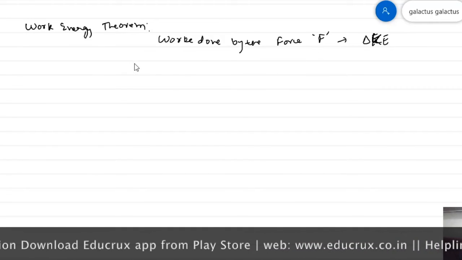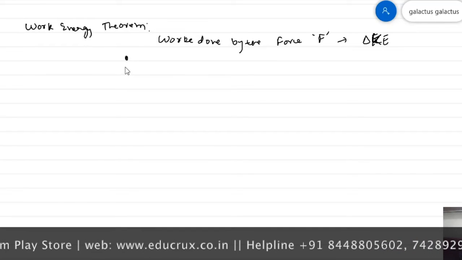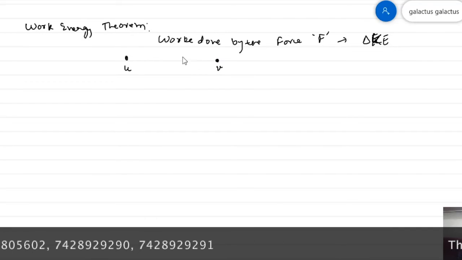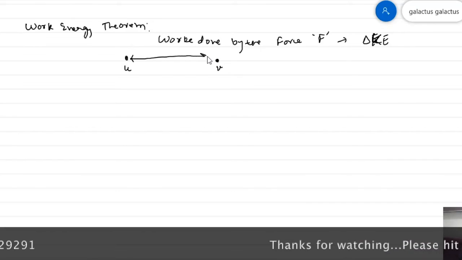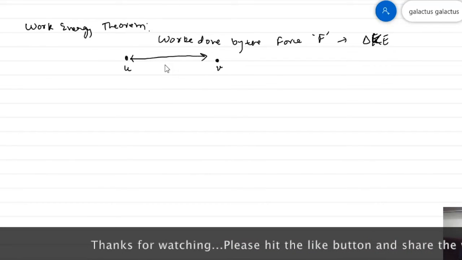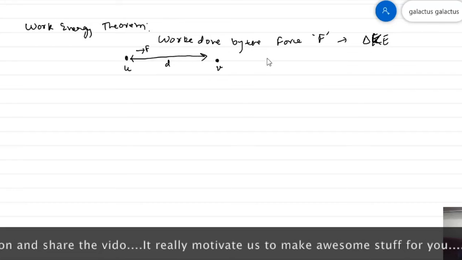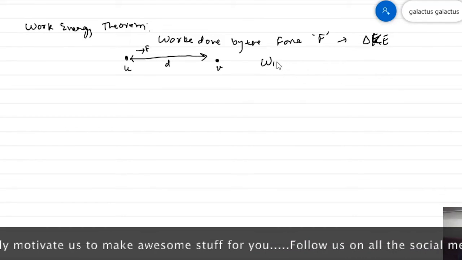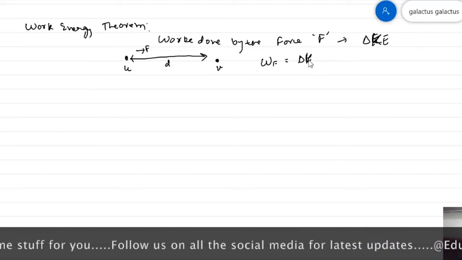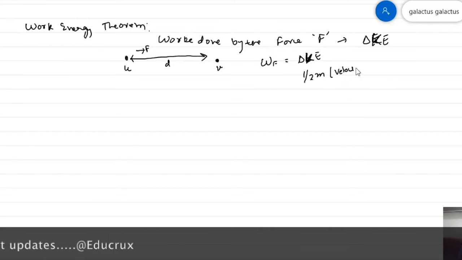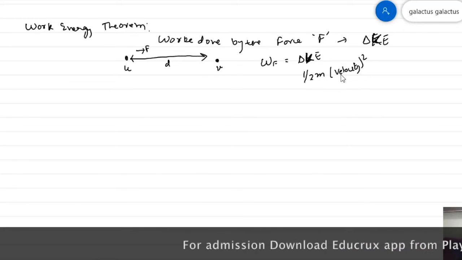According to the work energy theorem, if a particle initially has a velocity u and moves with a velocity v at the final point, and the displacement in this duration of motion is d, caused by some force F, then the work done by the force F is equal to the change in the kinetic energy, and kinetic energy is defined by half m v square. Any body that has some mass and is moving with a velocity has an energy associated with it, which is the kinetic energy of the body.